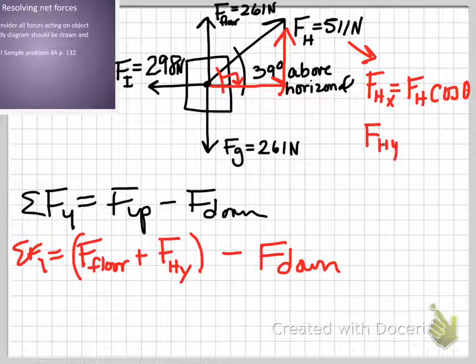Force of Hannah on the y is going to be force of Hannah sine theta. This is just like the bookkeeping that you did with your non-perpendicular vectors, where anything that is not directly along an x or y axis has to be resolved, and you've got to come up with totals.